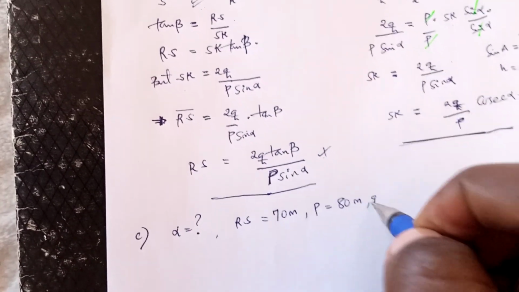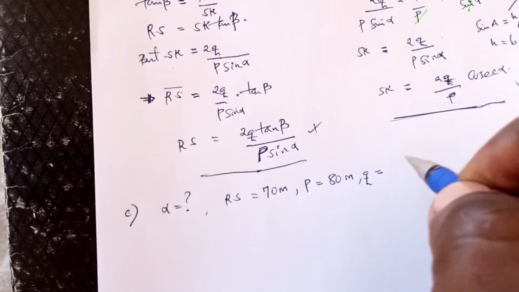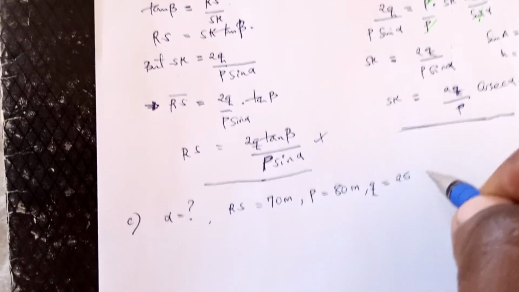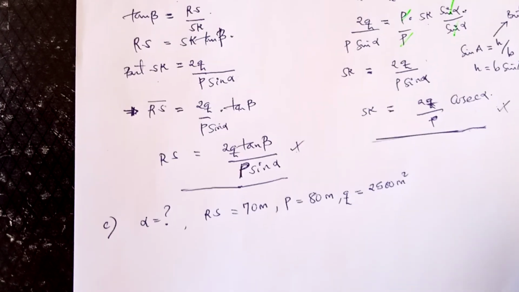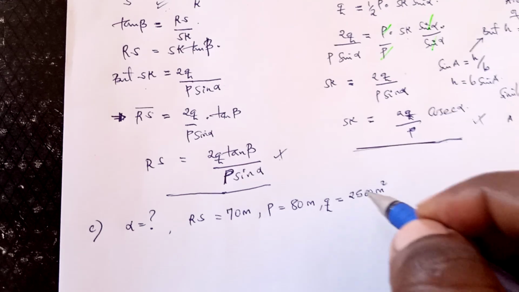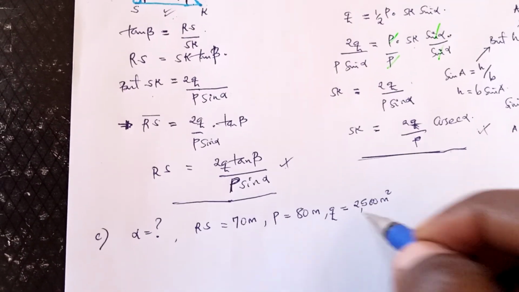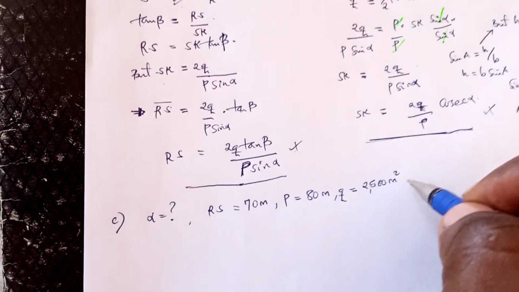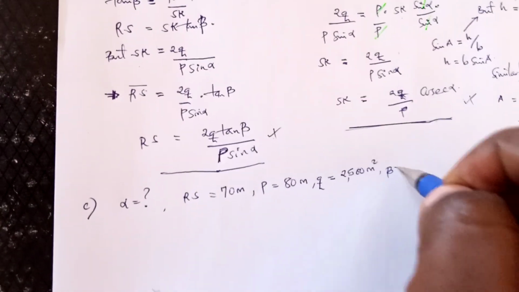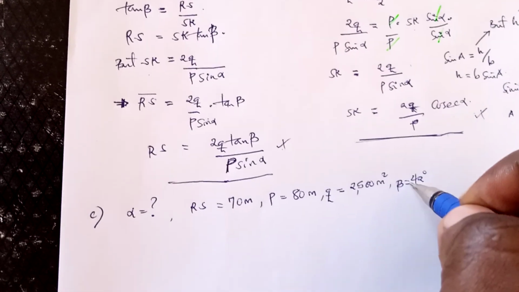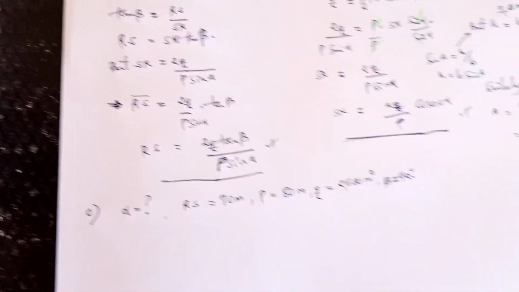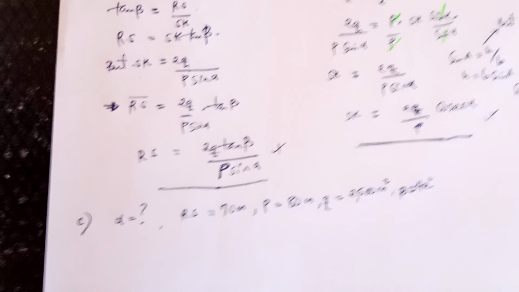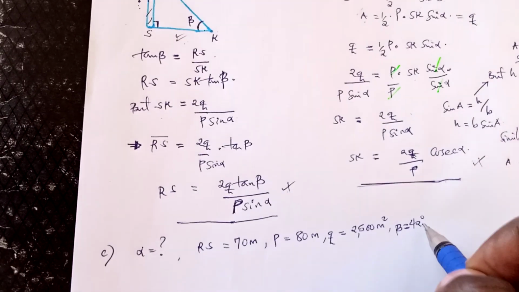And Q is 2500 square meters. I know you're not happy while I'm saying that, but it is 2500. And beta is 42 degrees and 0 minutes.